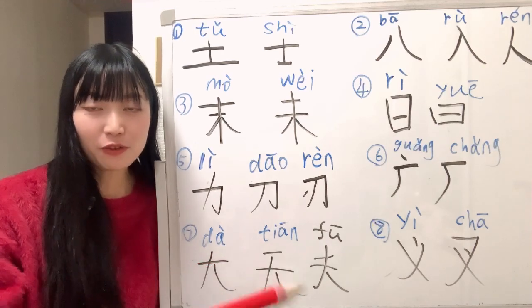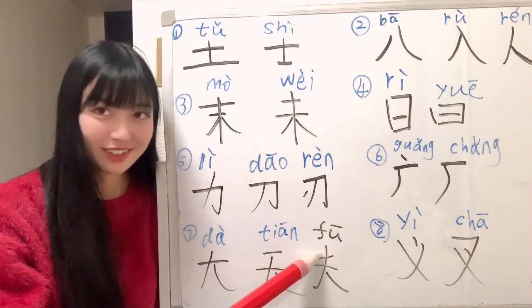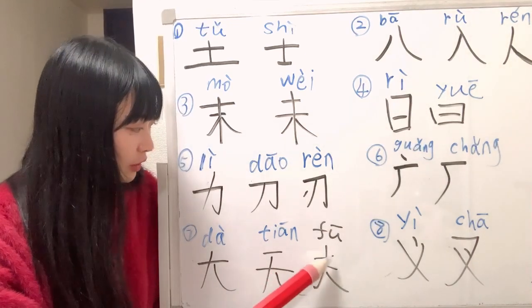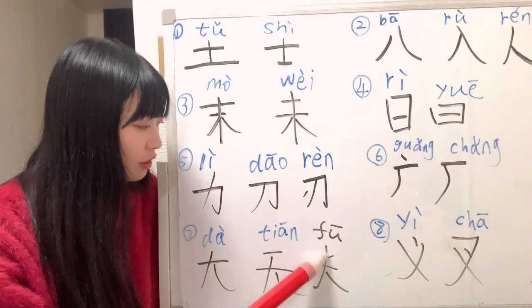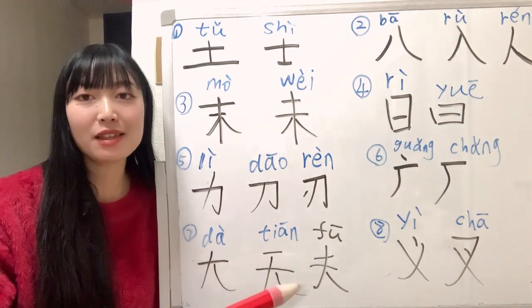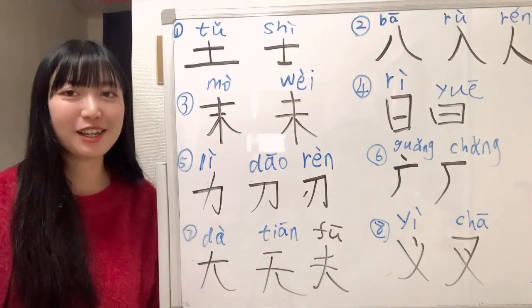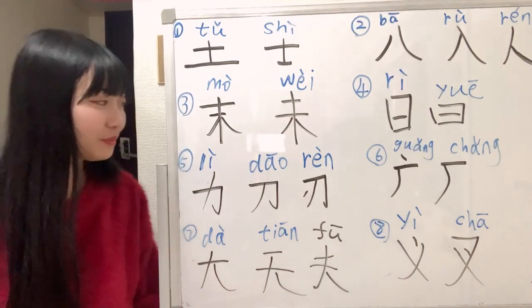And the difference between 天 and 夫 is here. The right falling stroke is out of the second line or not. If it's out of this, it means the man or husband, 夫. Be careful. 大 天 夫.